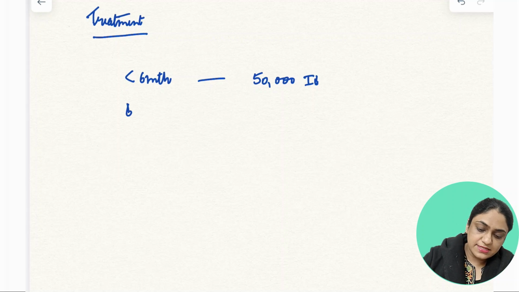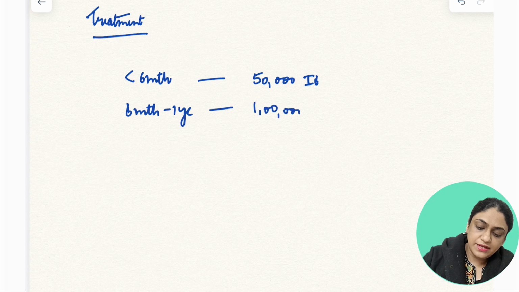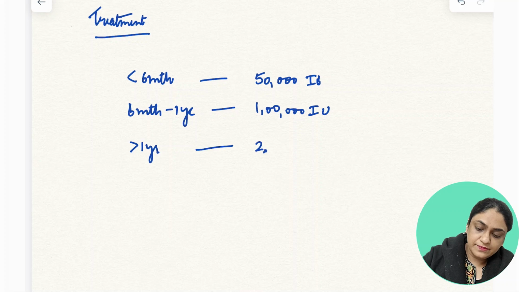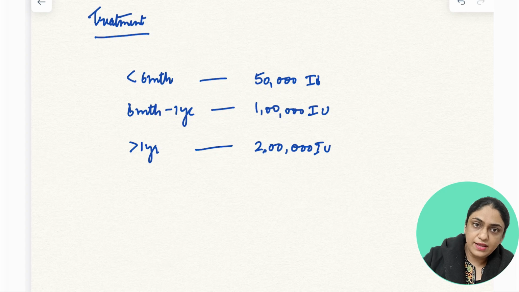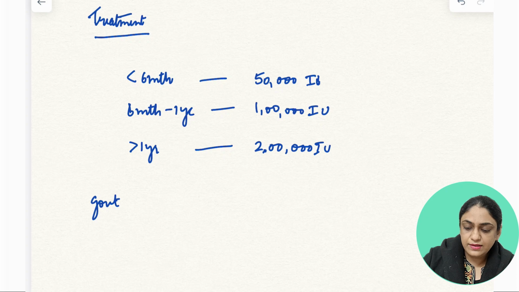If the child is less than 6 months, you give 50,000 IU. If the child is between 6 months and 1 year, you give 1 lakh international units. And if the child is more than 1 year of age, you give 2 lakh international units.